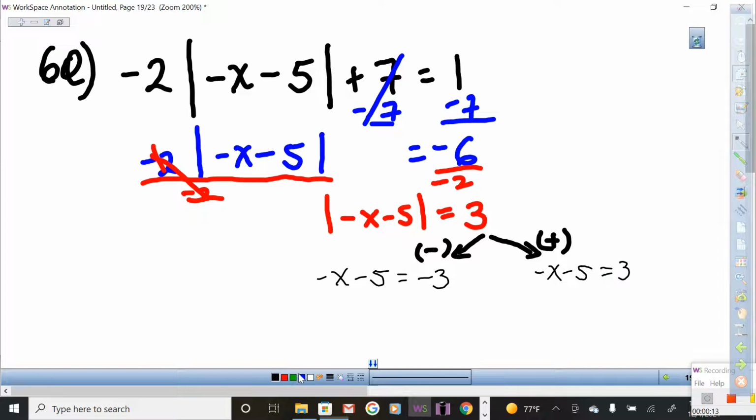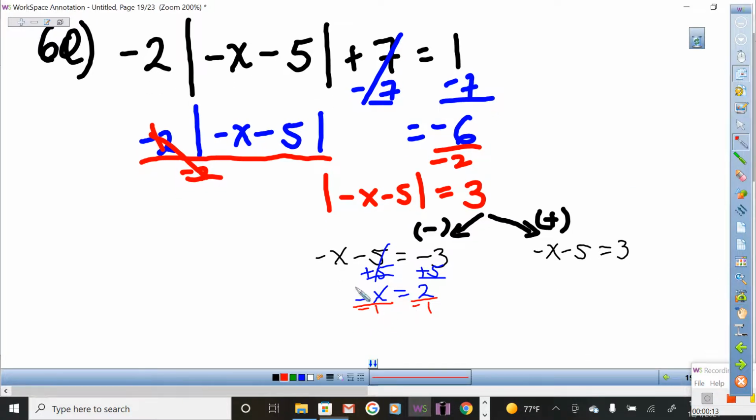All right, and let's solve. Start with this one. What do I do? Yeah, add 5. That leaves us with negative x equals 2. That negative is multiplying, so to cancel that negative, we divide by -1.